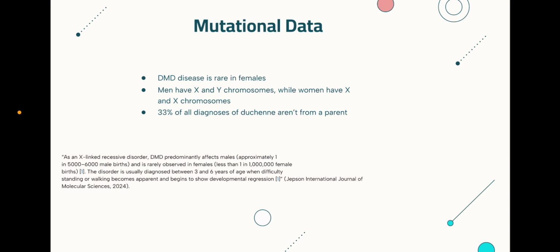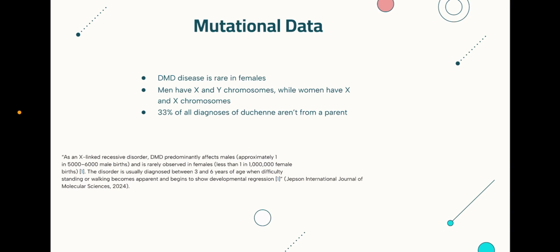DMD is a lethal X-linked recessive muscle dystrophy. So if one X chromosome is damaged, women still have another X chromosome to help it, but men do not. That is why this is such a big issue, and why it's common in males and rare in females. And 33% of all diagnoses of Duchenne aren't from a parent either.